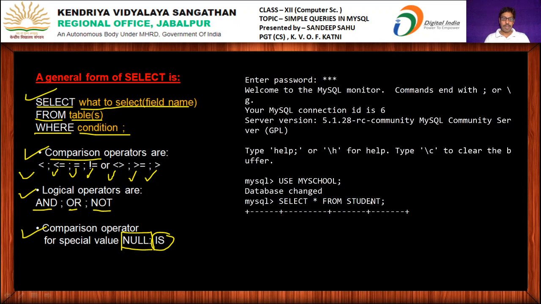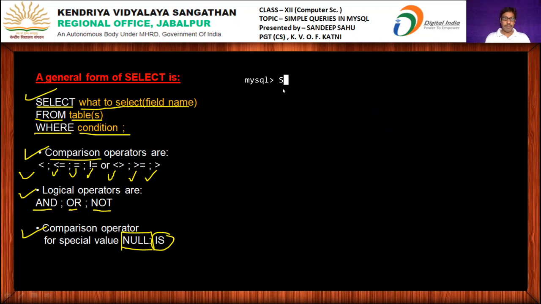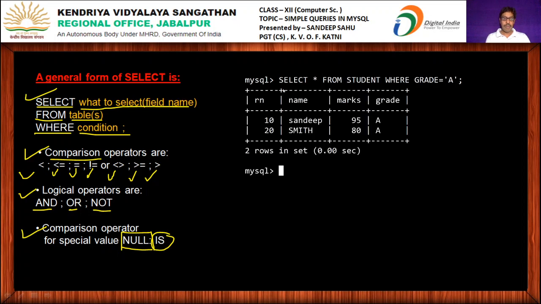I should write select asterisk from student where grade equal A. So you can see 2 records are coming with grade equal A.